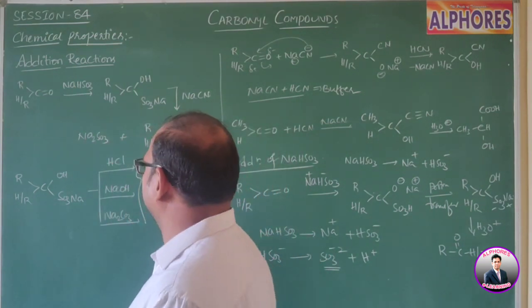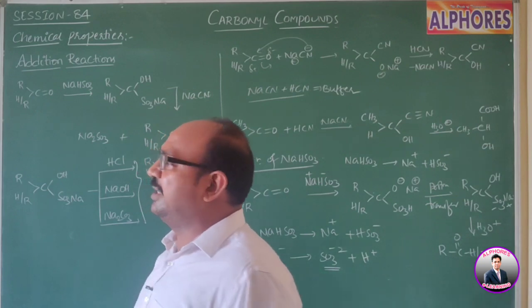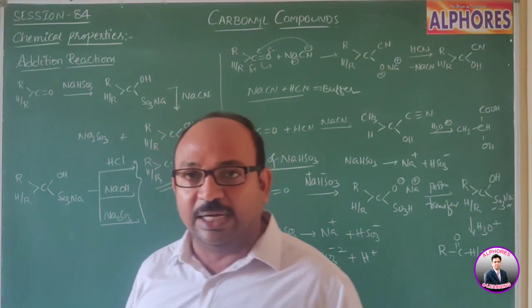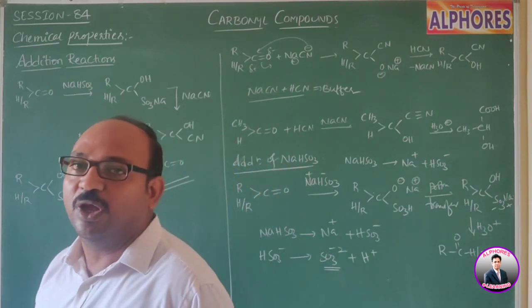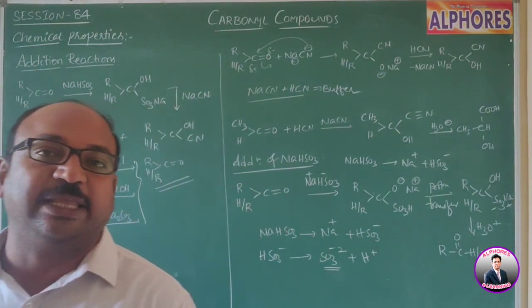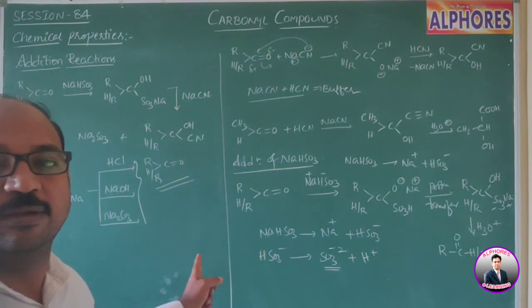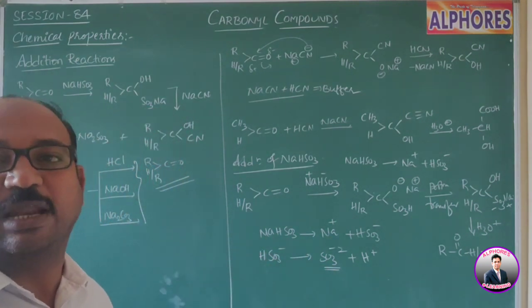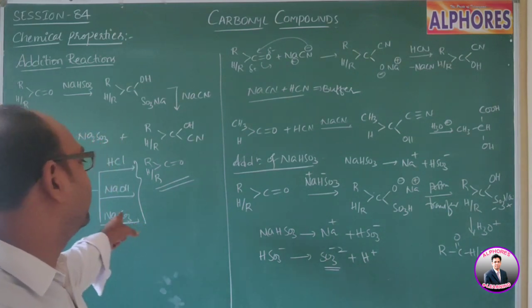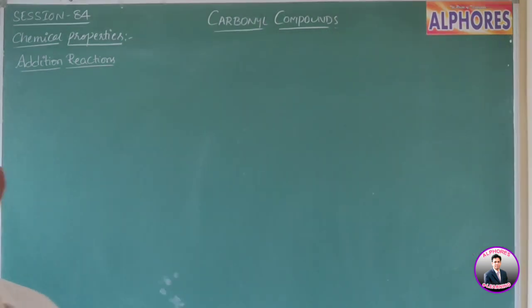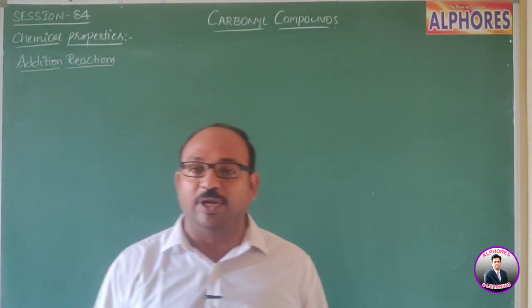Compared to aldehydes, ketones react relatively less, and in the case of ketones, only methyl ketones give this reaction. With an increase in the number of carbon atoms in the alkyl group, the tendency to give an addition compound with sodium bisulfite decreases.